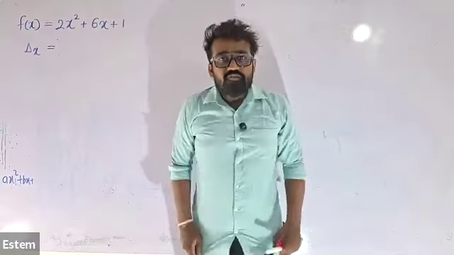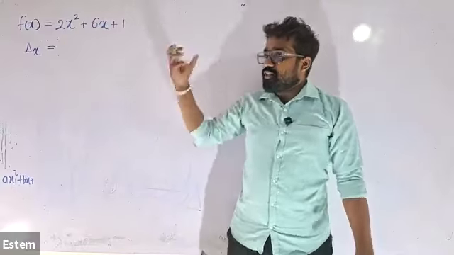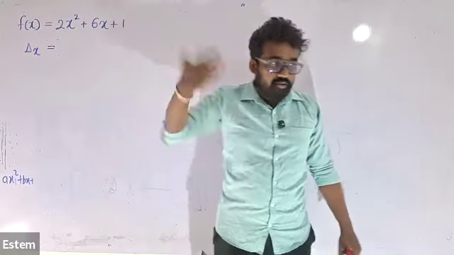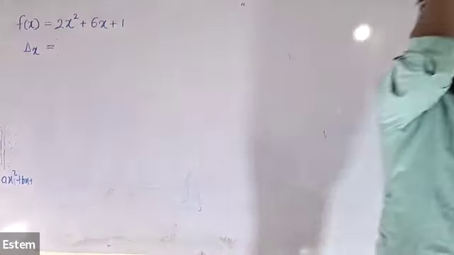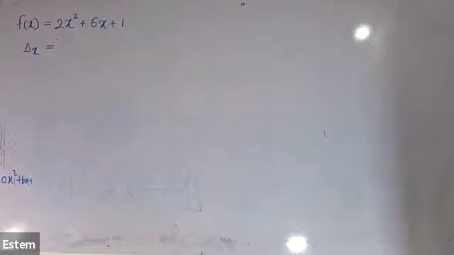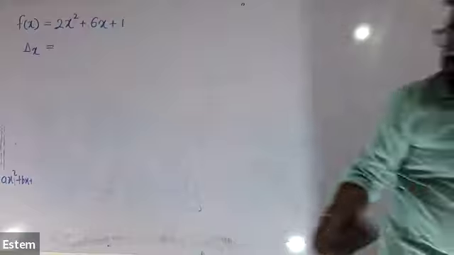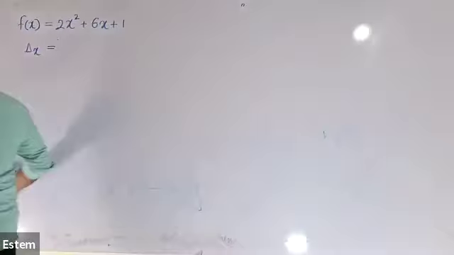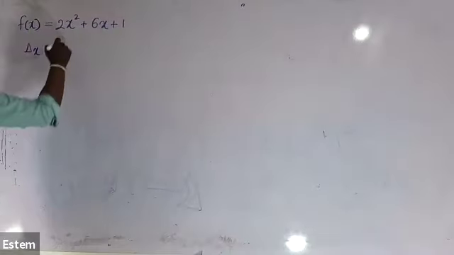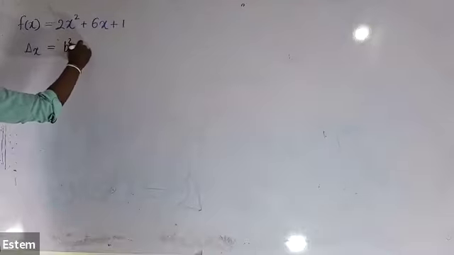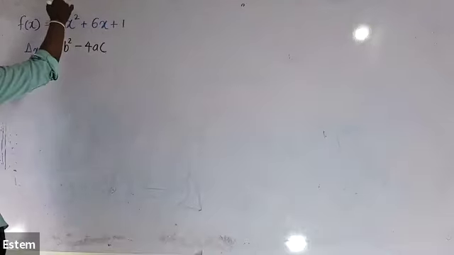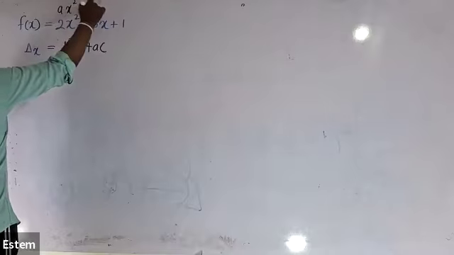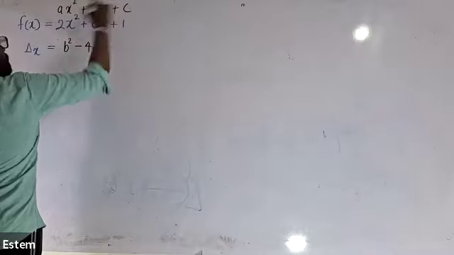Start from here, try it to boost your speed also. Find delta. Delta is b squared minus 4ac, where the function is ax squared plus bx plus c.